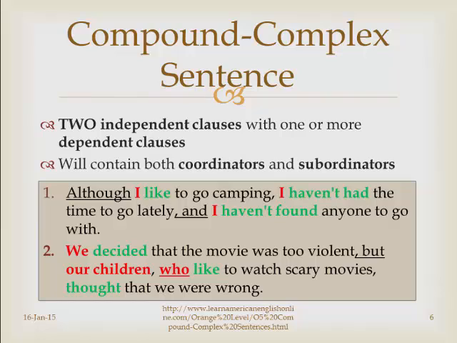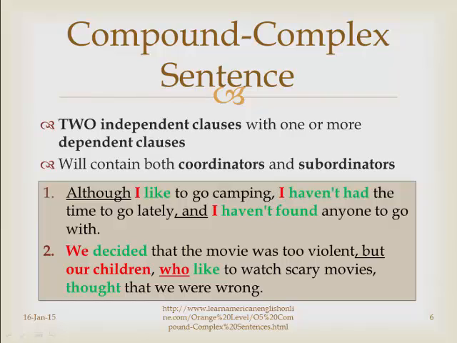And the dependent clause is although I like to go camping. So you can see that the two independent clauses have been joined by the coordinator and preceded by a comma. And the dependent clause starts with the subordinator although, which of course then you must have a comma.